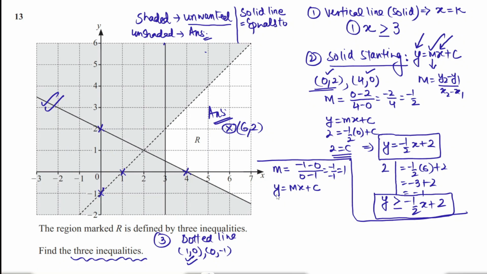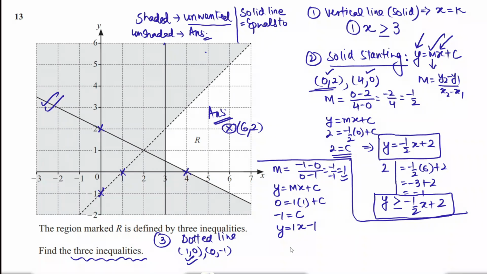I take 1, 0 here. So 0, m is 1, x is 1, and plus c. So 1 goes on the other side, and c becomes minus 1. So your equation comes out to be y equals 1x, and the value of c is minus 1.